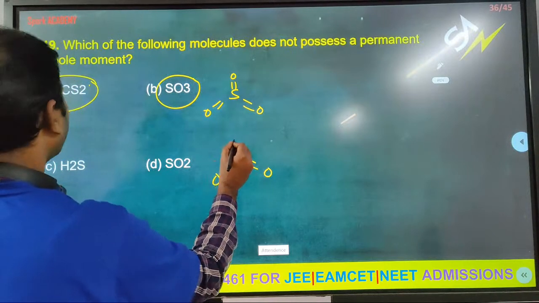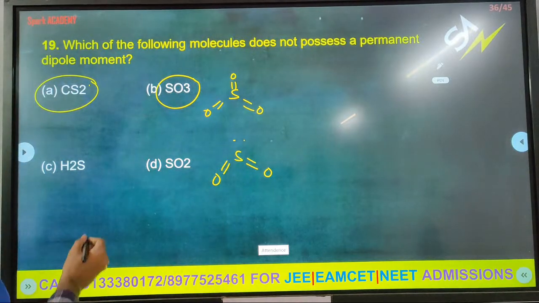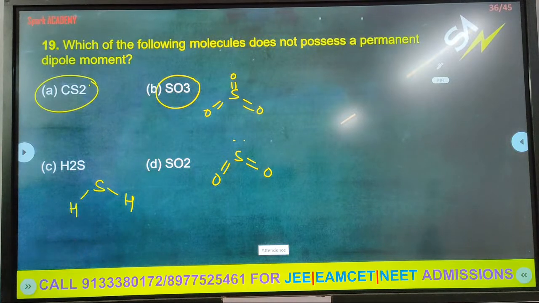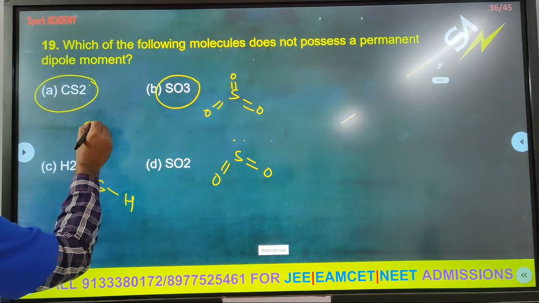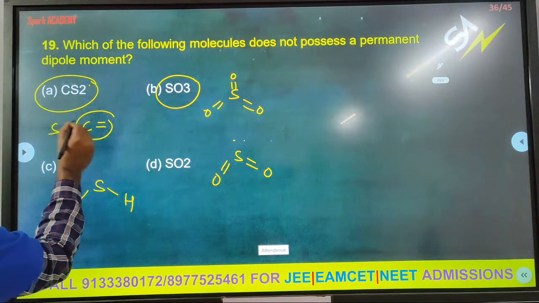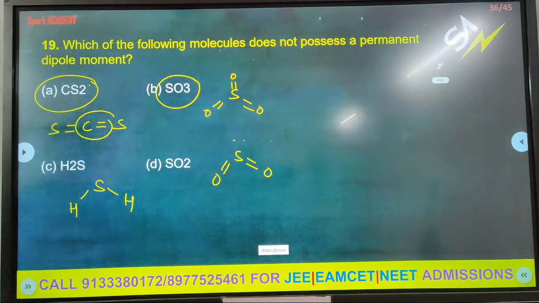So which of the following does not possess a permanent dipole moment? Carbon disulfide, because it is linear. Due to its symmetrical molecule, the dipole moment becomes 0.